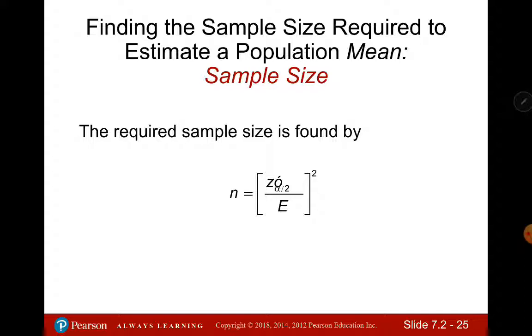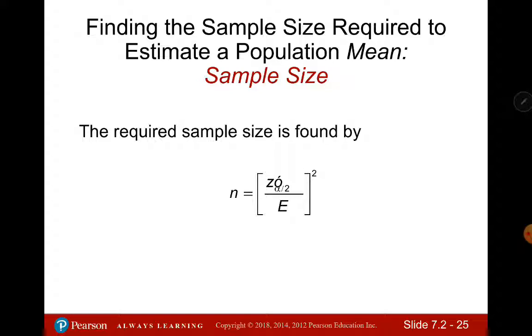But no matter sigma is known or unknown, we should always use Z as the critical value when we talk about the sample size.